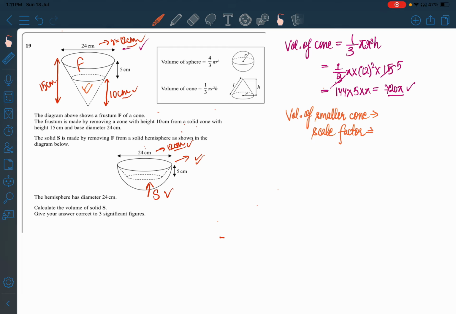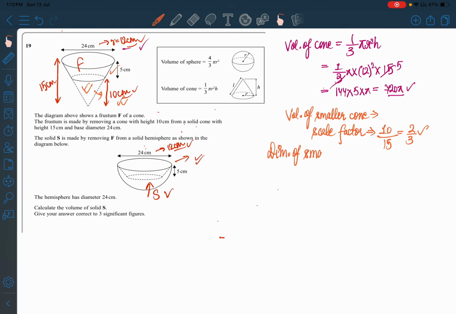Since it is a complete cone with the same dimensions, the total height is 15 and this removed height is 10 centimeter. So the height of the smaller cone to the height of the total cone, which is 15, gives 2 upon 3 as the scale factor.